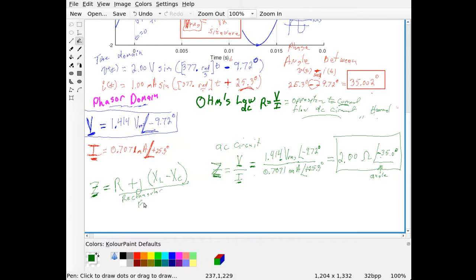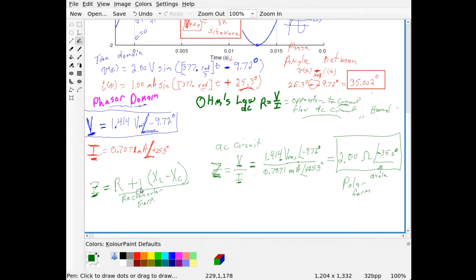This is the rectangular form of impedance, and this one over here is called the polar form of impedance. The book walks you through lots of different ways of converting back and forth there.